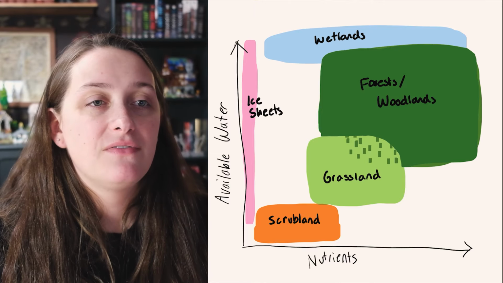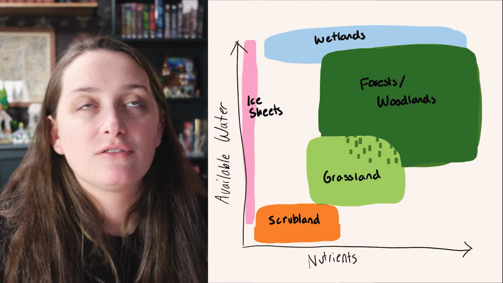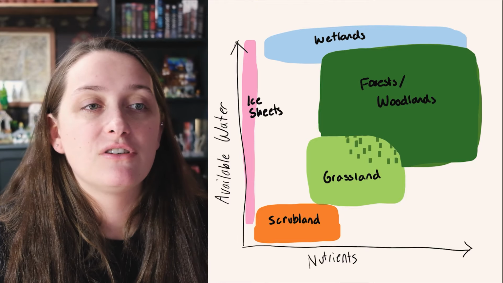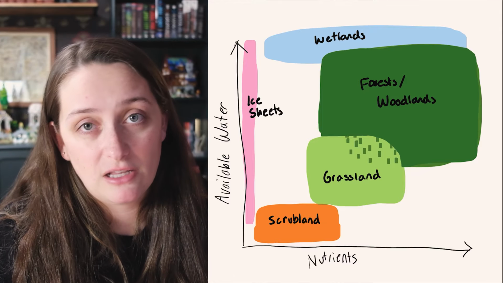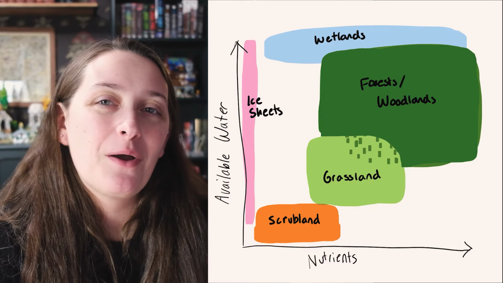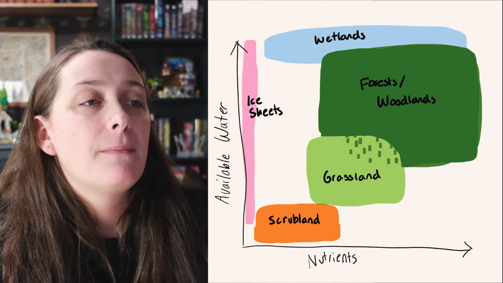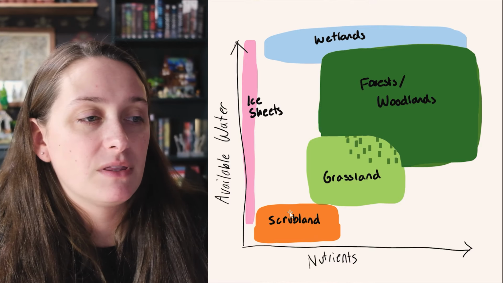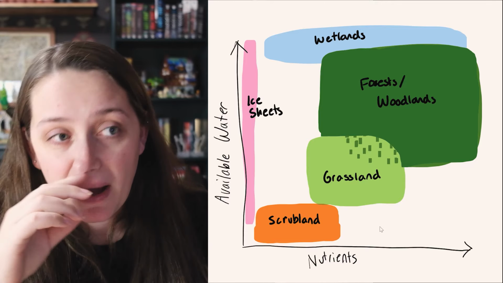How are we going to divide the major types of vegetation? The high level type of vegetation is going to roughly be based on the amount of water and the amount of nutrients that are available. So you can see I've created this really rough diagram that again is incredibly oversimplified, but if you start down here with the orange scrubland. Scrubland is a biome type.